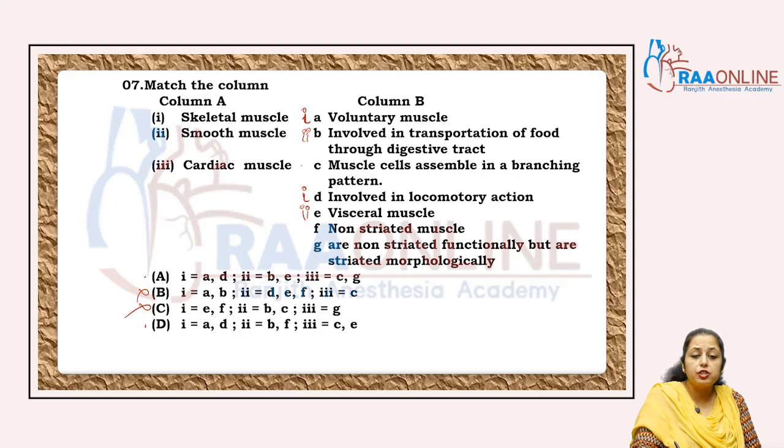Yes, intermediate junctions are found in between these, right? So C goes with three, non-striated, exactly. They are non-striated functionally but striated morphologically. So the most appropriate is the G, that is third.